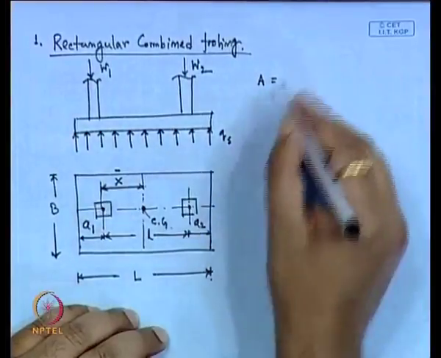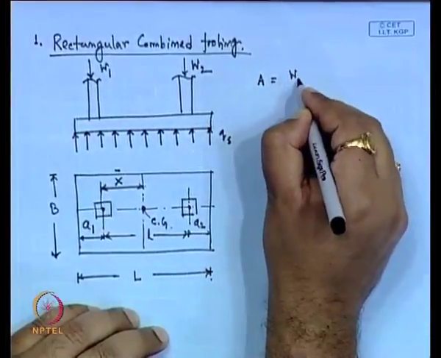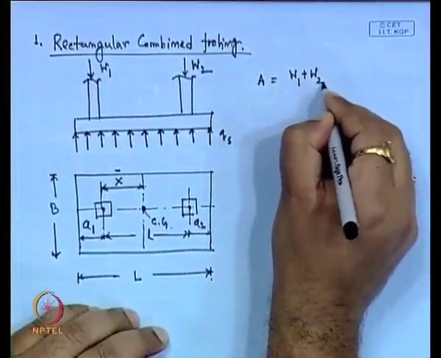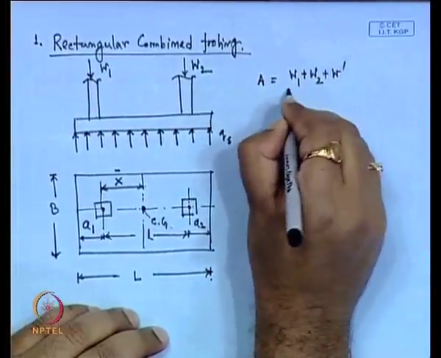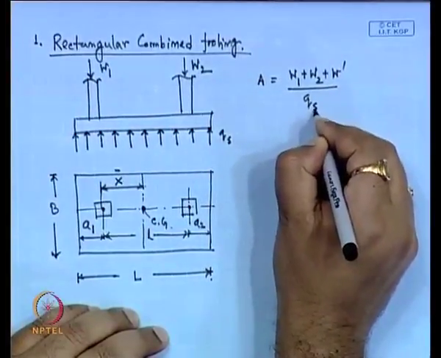Now, the required area of the total footing is (W1 plus W2 plus W dash) divided by Qs.